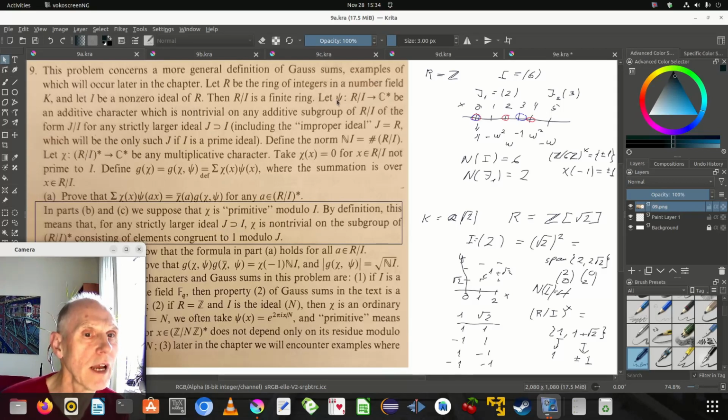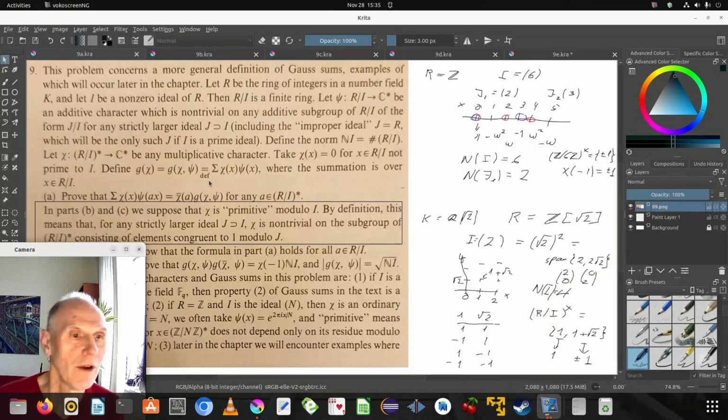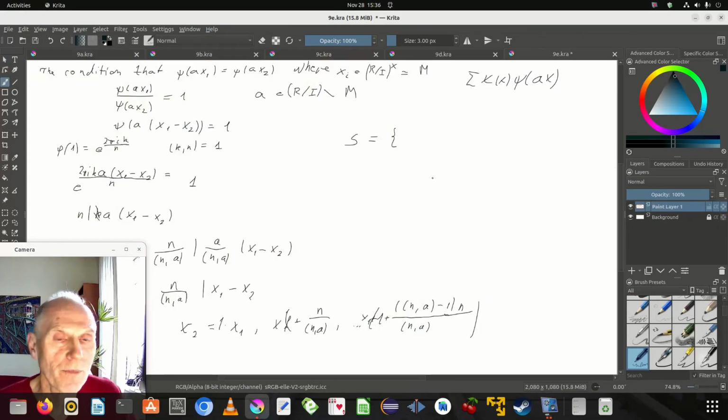So it's the non-trivial additive group. I thought it said 1 plus somewhere here in the definition. I'll just take a break and find it. Found it. It's here, congruent to 1 modulo j. So that's the groups we're interested in.